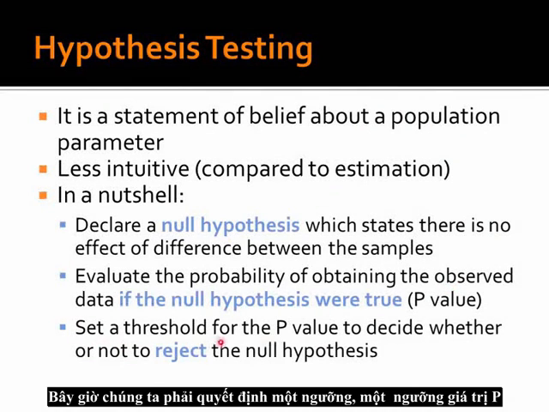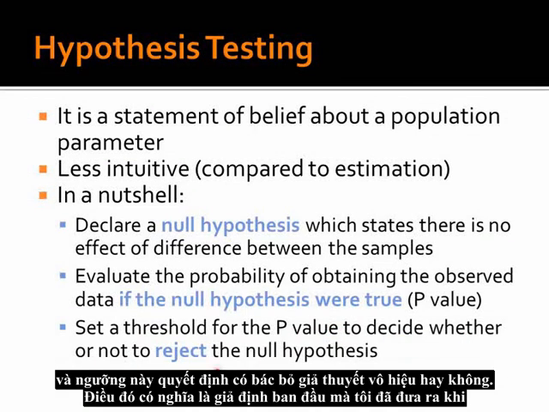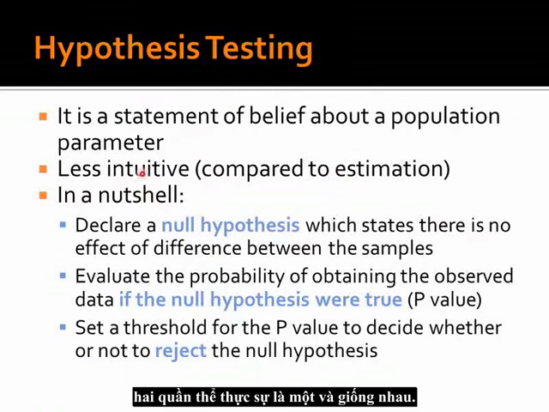Now we have to decide a threshold. We call it the p-value threshold, and we decide whether or not the null hypothesis has to be rejected, meaning this original assumption that I made where these two populations were actually one and the same.